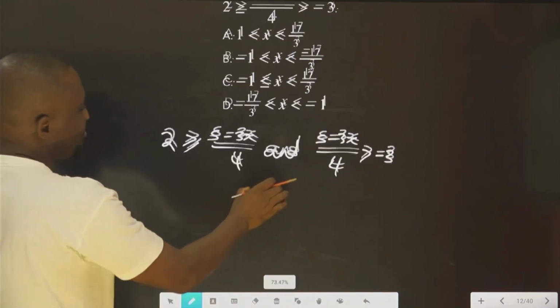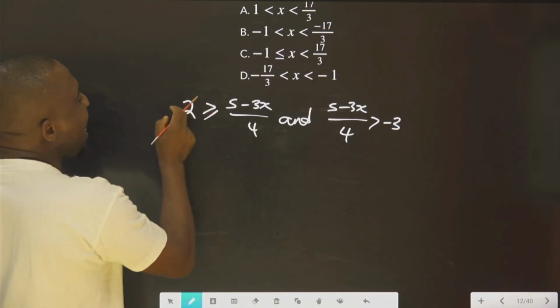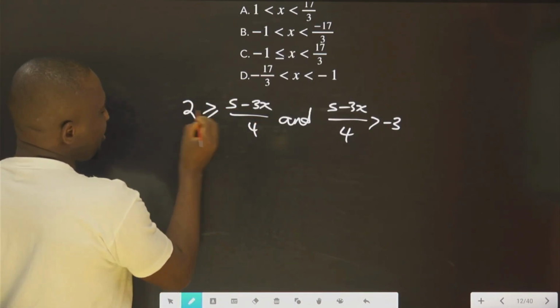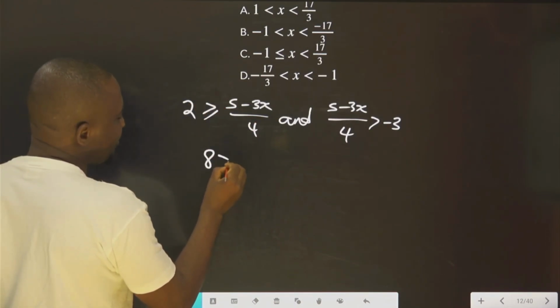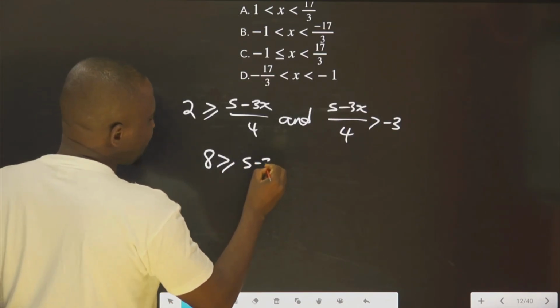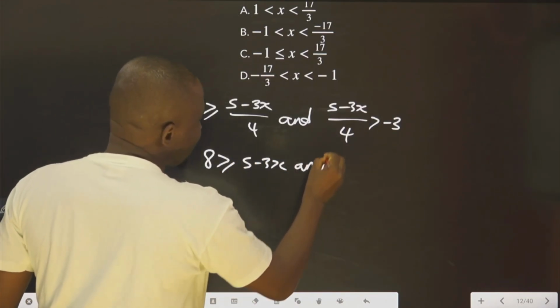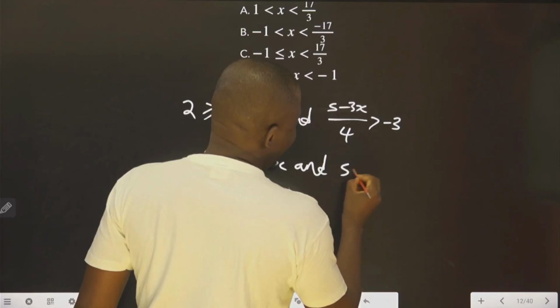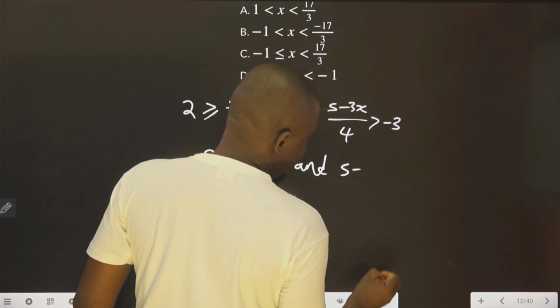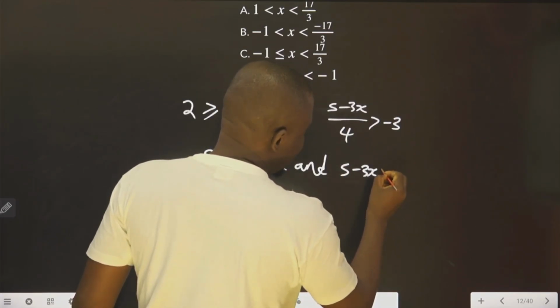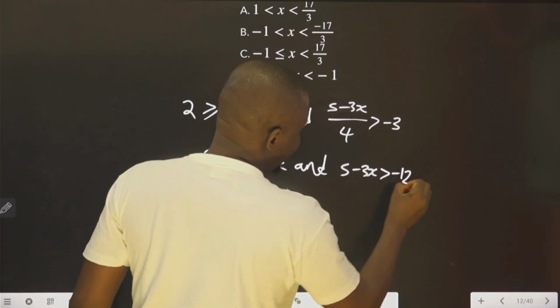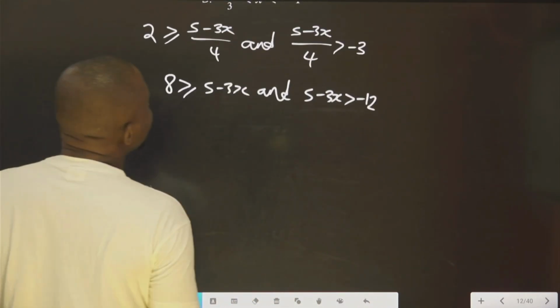Then you solve. You agree with me here? If you cross multiply, you're going to have 8, 5 minus 3x, and this will give us 5 minus 3x greater than minus 12. Okay?